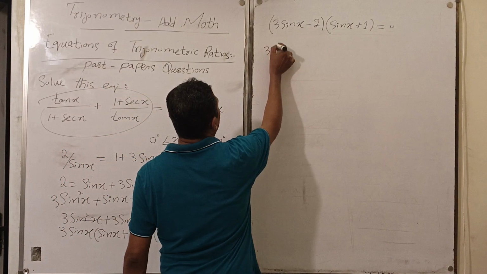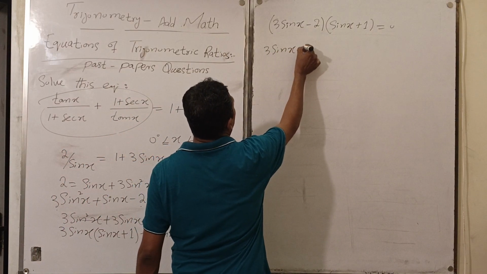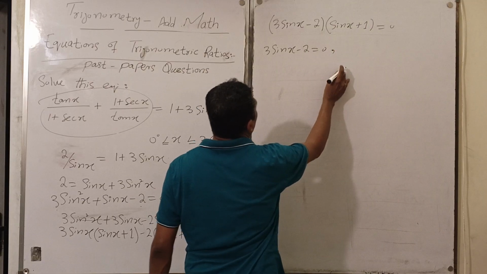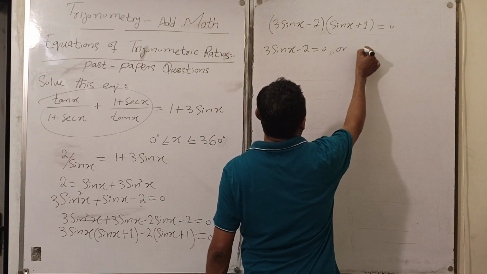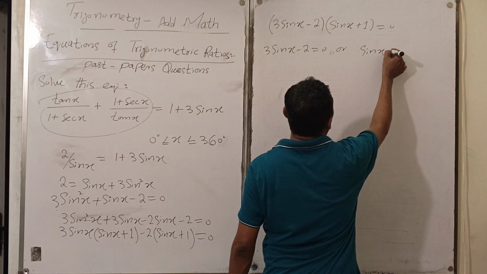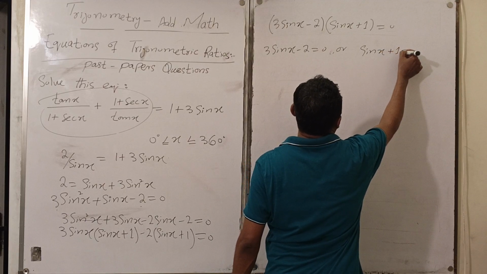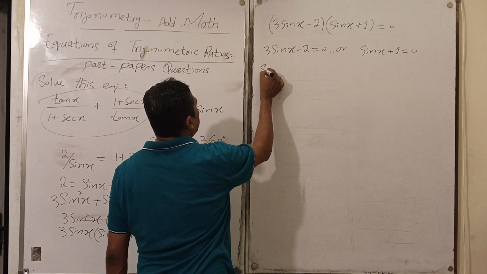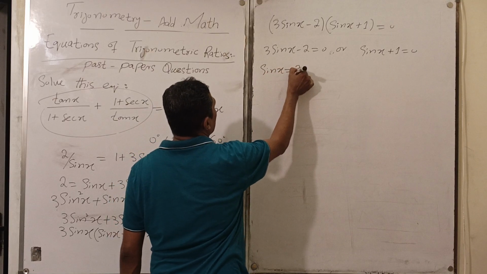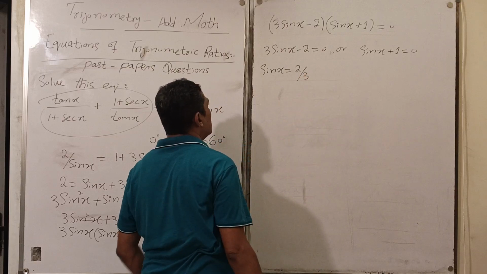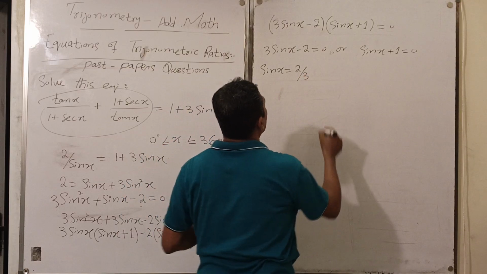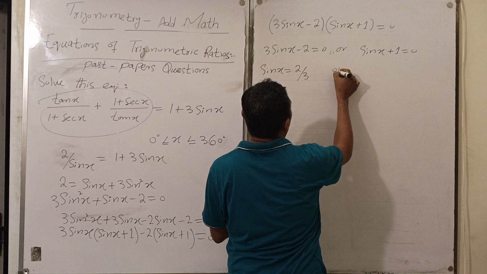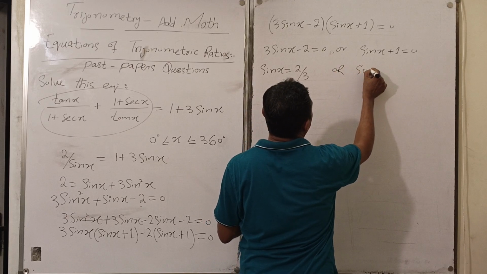So one value is 3 sin x minus 2 equal to 0, or sin x plus 1 equal to 0. Am I right? So what you will have? x equals sin inverse 2 over 3. And what about this one? sin inverse minus 1.